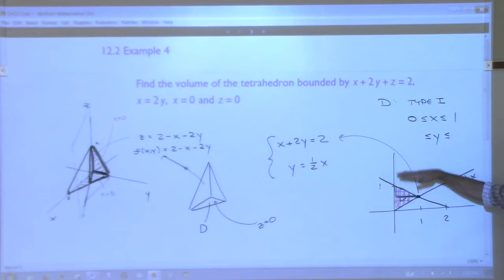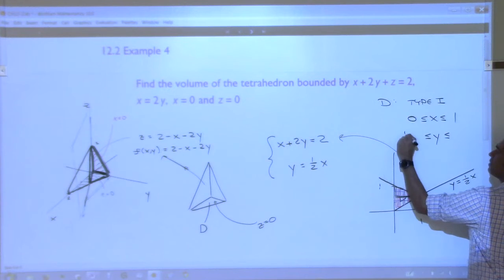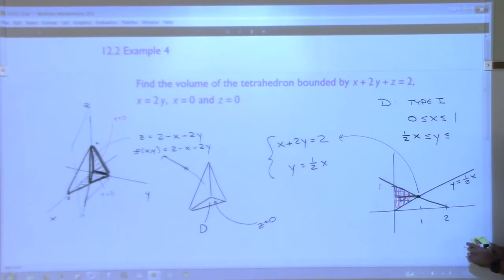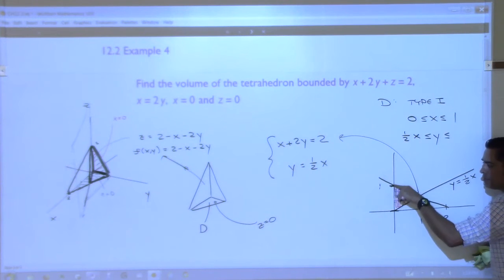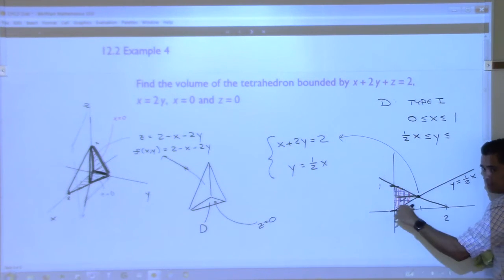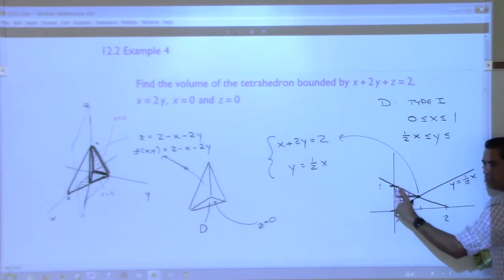What about the y's? What's the lower bound of my y's? It's this function, right? Solve for y. So this is 1/2 x. The important thing is that y is not between two constants. It's between two functions of x. Your x is between two constants. Your y varies between the two lines.